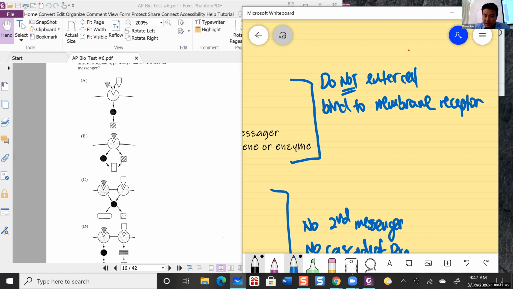Signal transduction is just chemical reactions that turn on one enzyme after another, a bunch of reactions getting turned on. So this is fundamentally a little bit different.